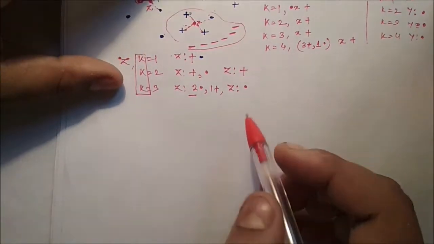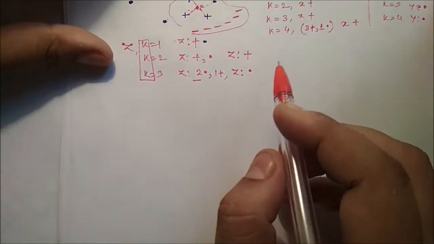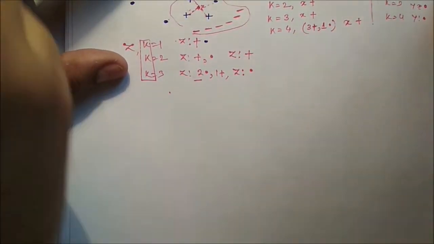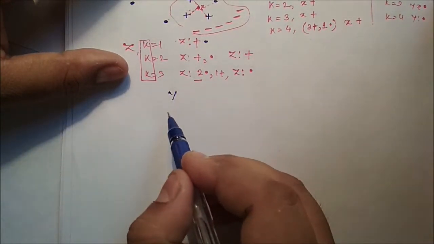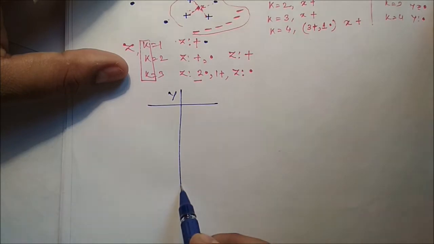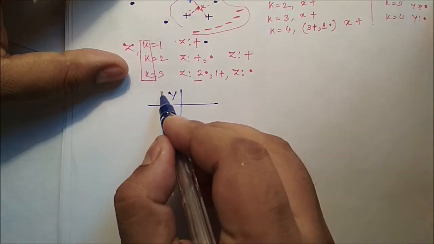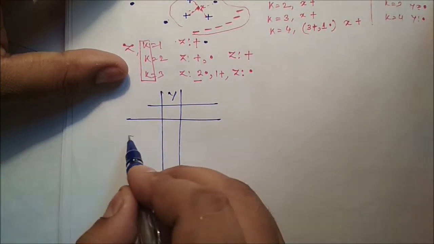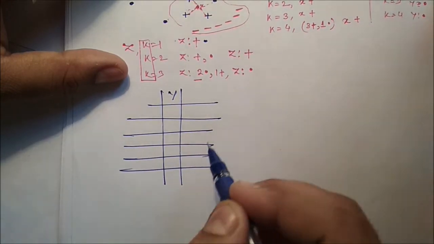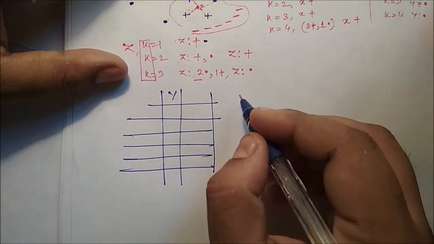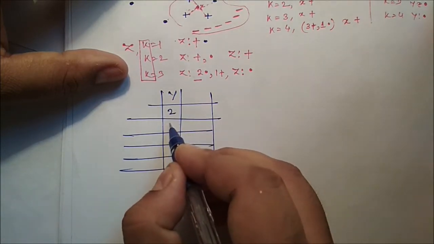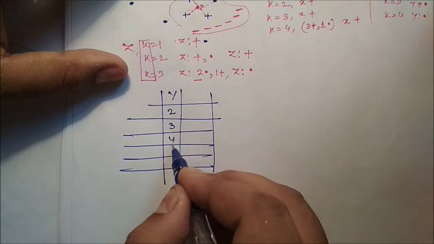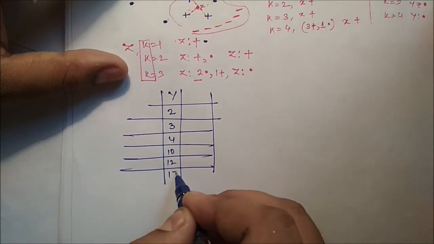Now the class level may be numeric or categorical. Let's say we have data with a class level y, and the value of y is numerical, say 2, 3, 4, 10, 12, 17.